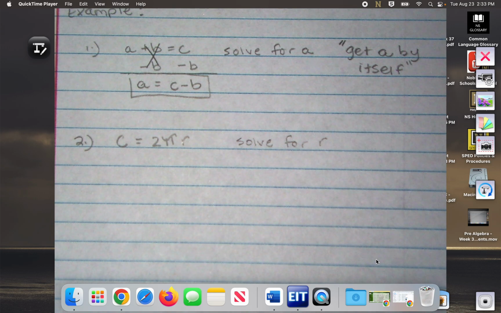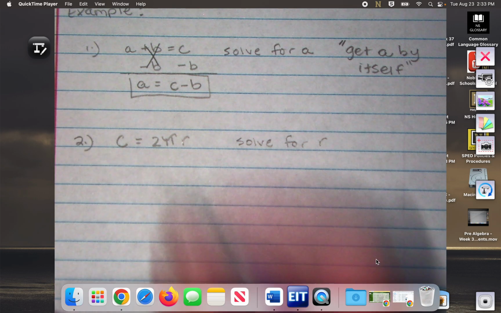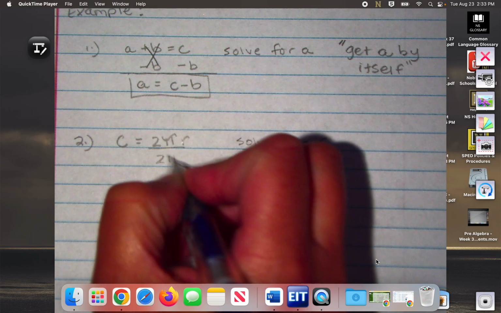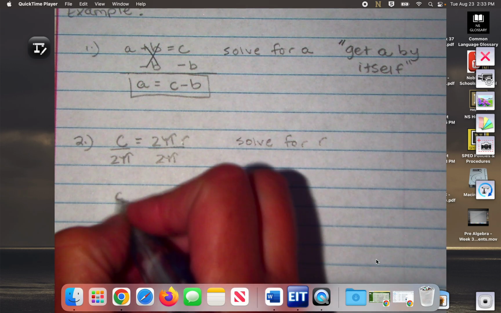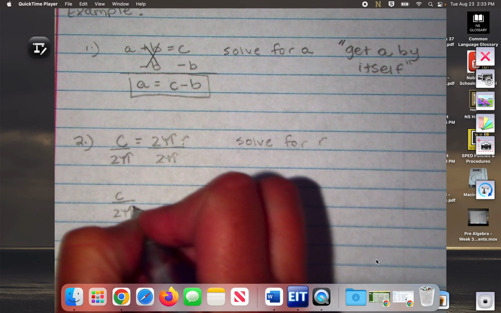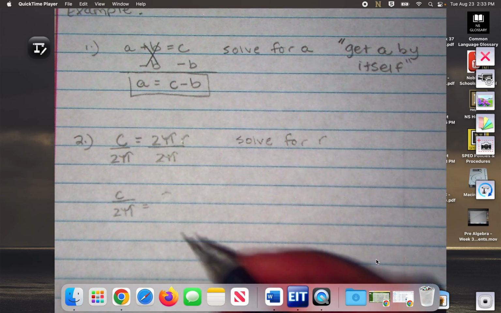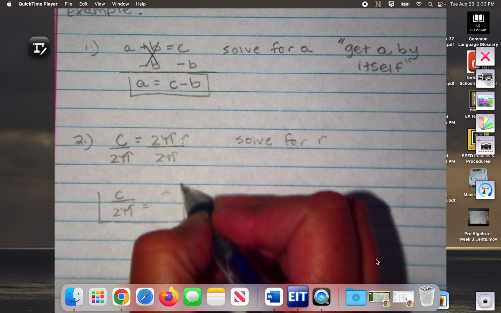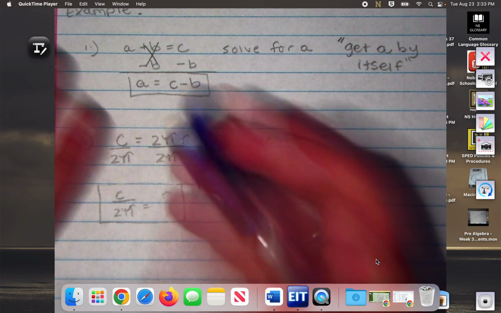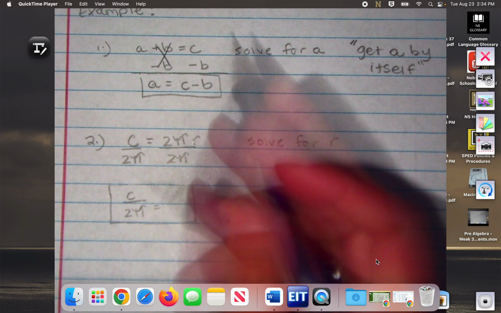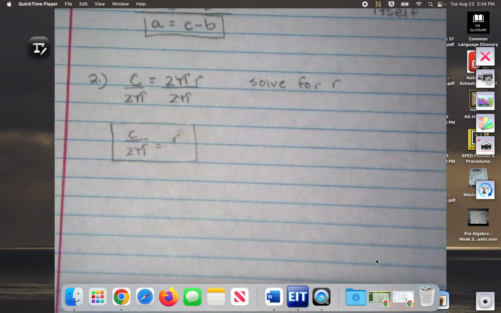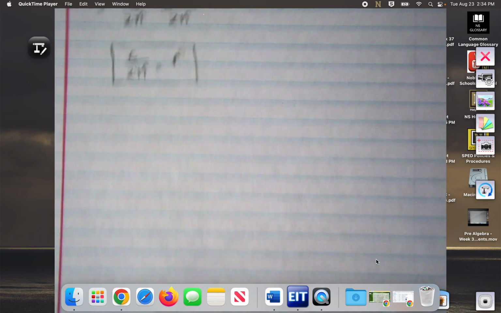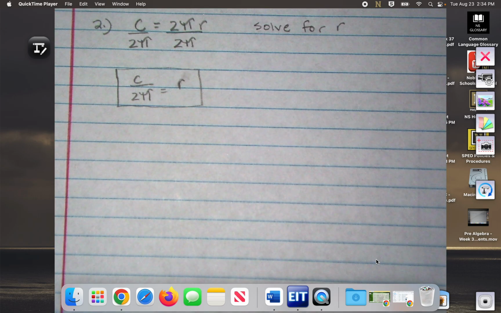I'm going to divide by 2 pi. Right? Divide by 2 pi. So now I know that circumference divided by 2 pi would give me the radius. And that's it. So you're just looking at what operations I can use to move the pieces around so that I get a certain letter by itself. Sorry, it's kind of weird right there. Here we go.